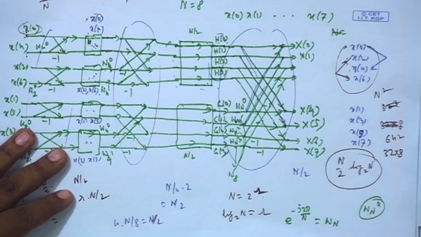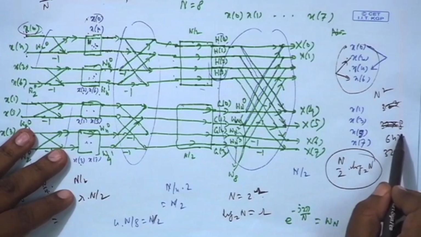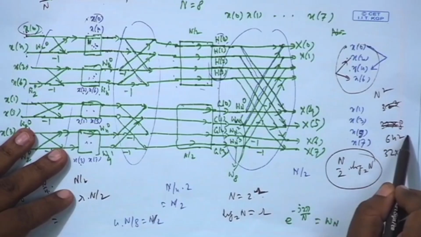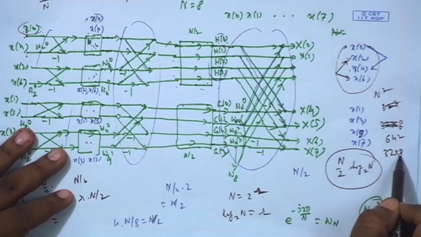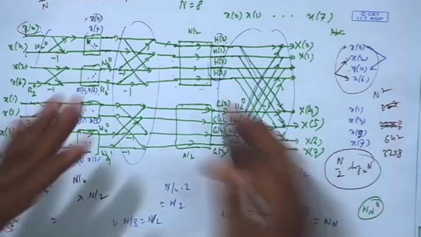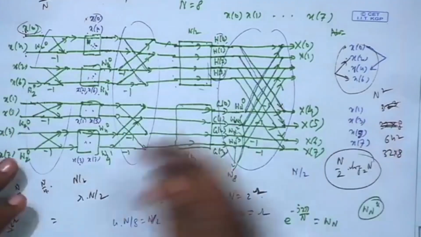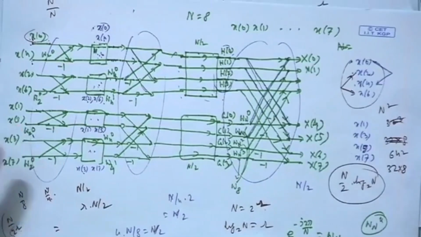So, see the huge difference: 64 square is 64 into 64, that is 32 into 128, and here it is only 32 into 8. So, a huge difference, 16 times less, and if the capital N is large, your gain will be more and more.